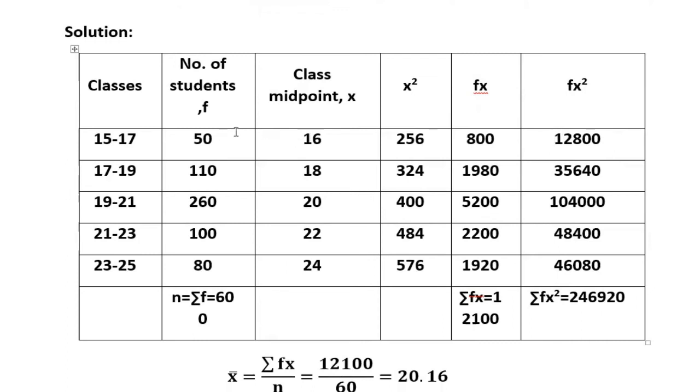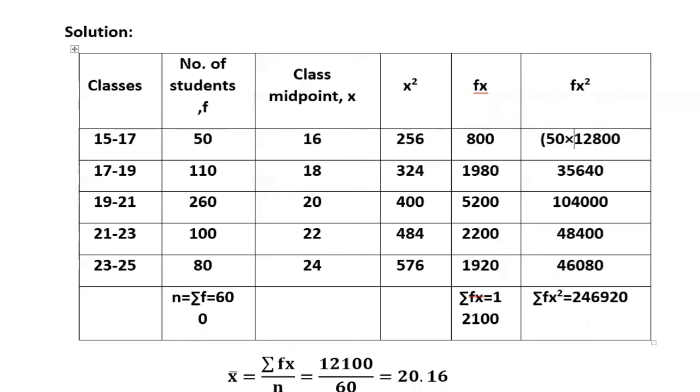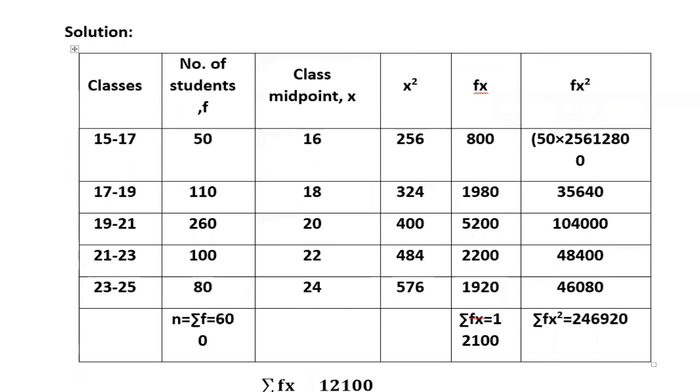Here 50 is the first frequency. How do we get the fx square? 50 multiplied by the midpoint squared, which is 256.